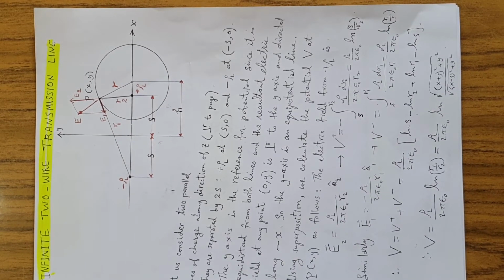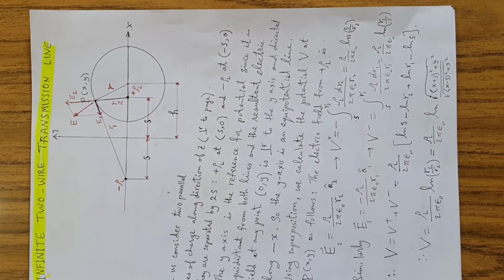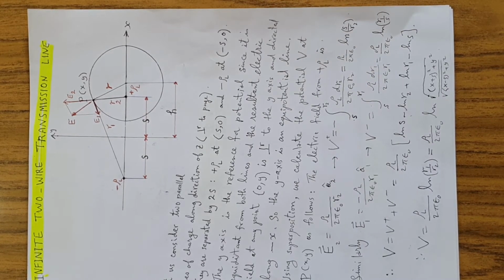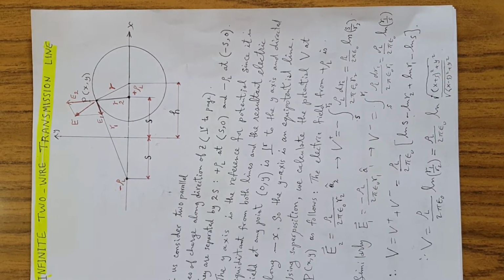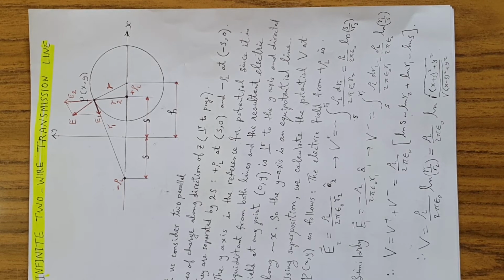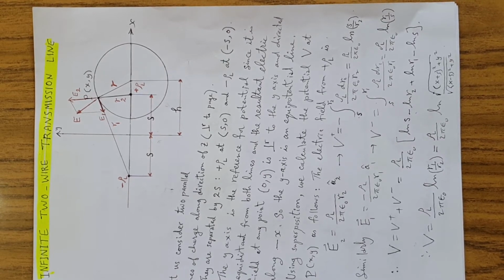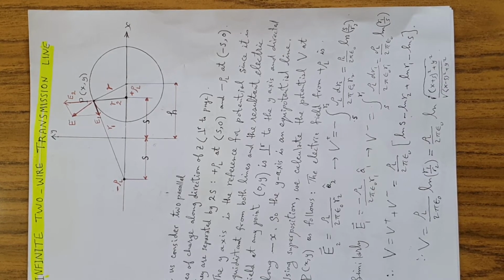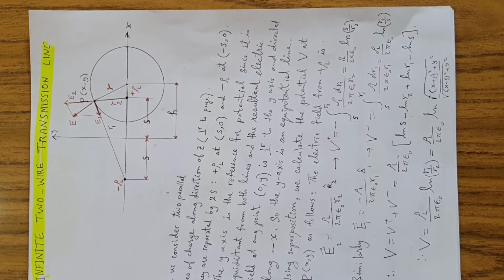This gives us V, which is the integral with respect to R of rho L over 2 pi epsilon naught dr over R, which is ln R. And R goes from the reference for potential, which is the y-axis, at a distance s, to R2, so it is the potential between the origin, let's say, and R2, the point P.